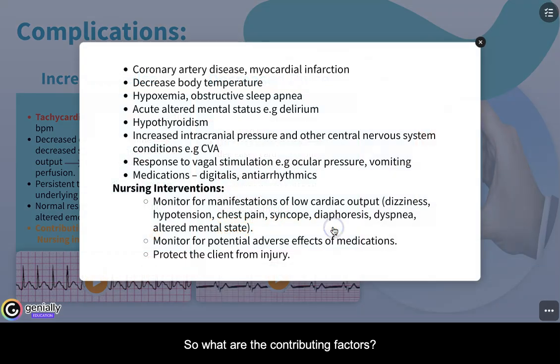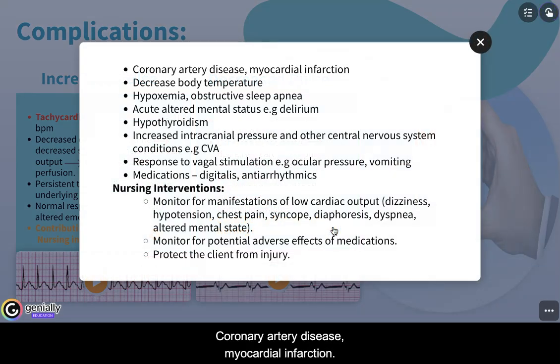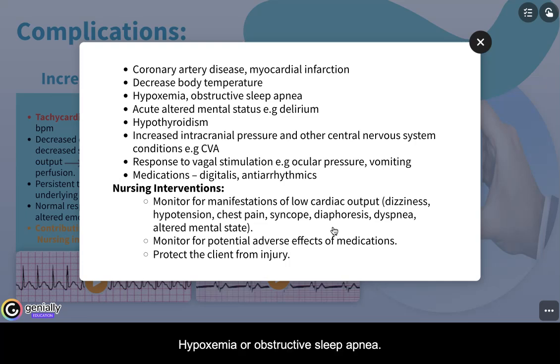So what are the contributing factors? Coronary artery disease, myocardial infarction, that's a heart attack. Decreased body temperature can cause your pulse to go down. Hypoxemia or obstructive sleep apnea, not getting enough oxygen in the blood. Acute altered mental status, for example, delirium, can cause bradycardia. Hypothyroidism can cause bradycardia.